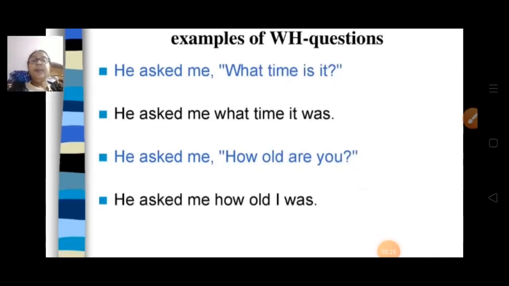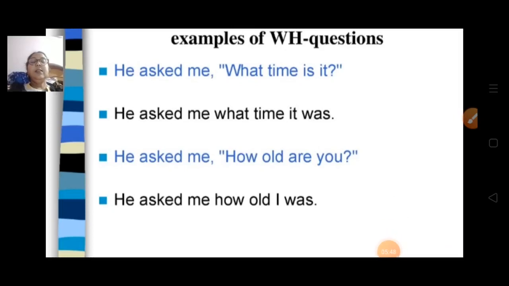Now next example, he asked me, "What time is it?" Now in indirect speech, he asked me what time it was. Now next example we will see. He asked me, "How old are you?" Now in indirect speech he asked me how old I was.